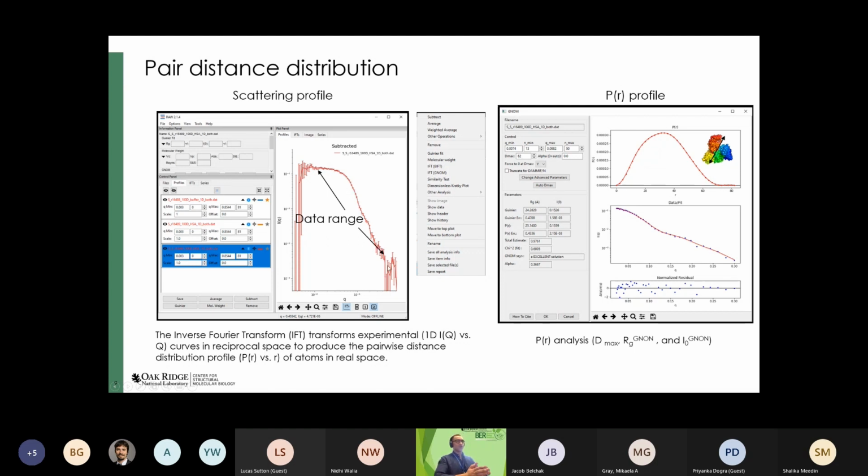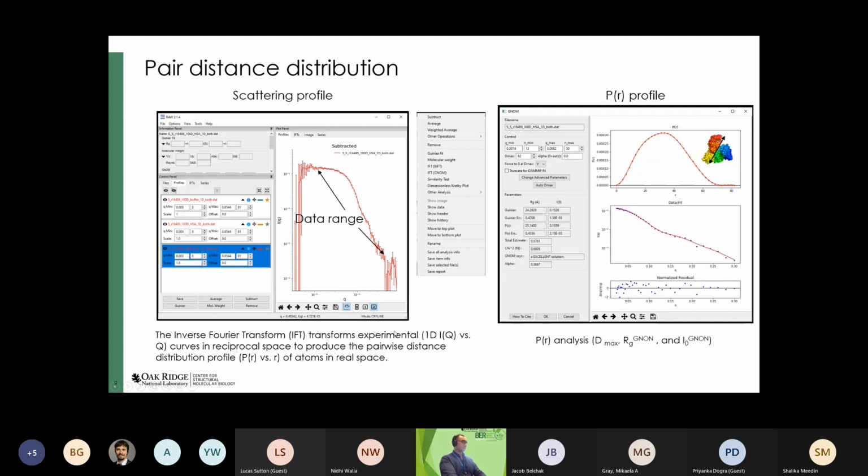In principle, ideally, you use the entire Q range to calculate the P of R. The P of R is mathematically a Fourier transform of our data from reciprocal space to real space. So it's the conversion, so we can visualize the data in real space.